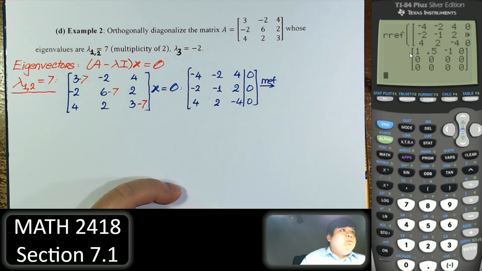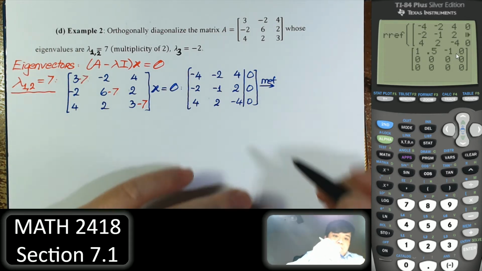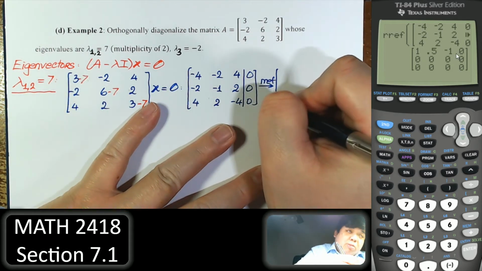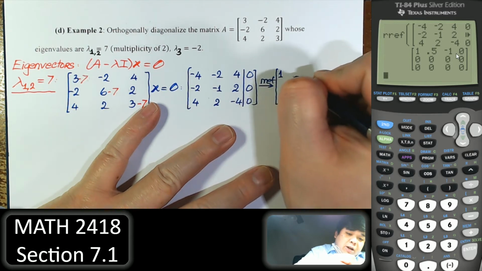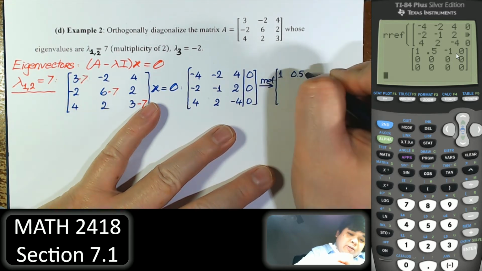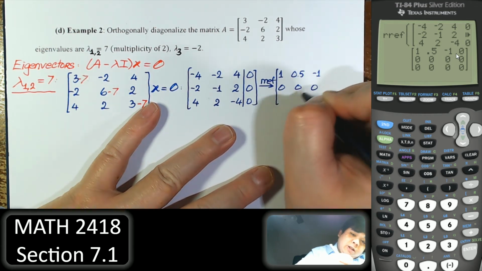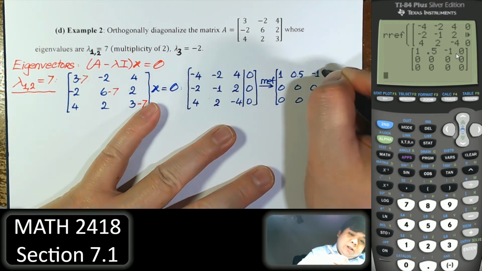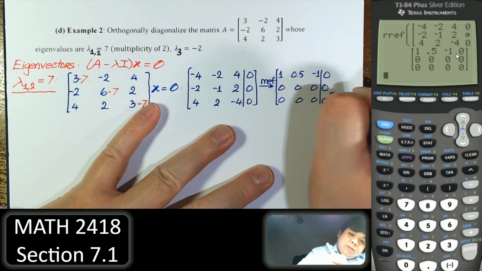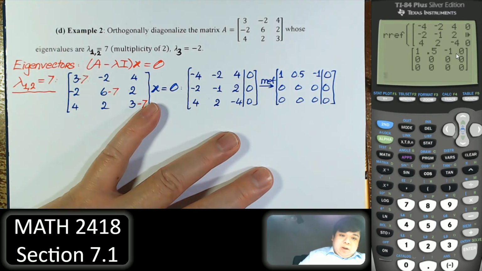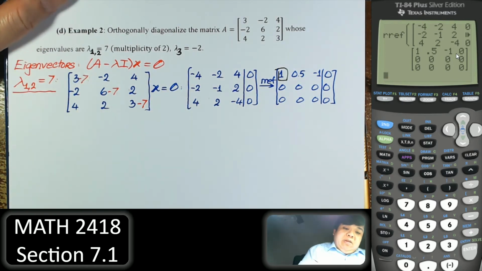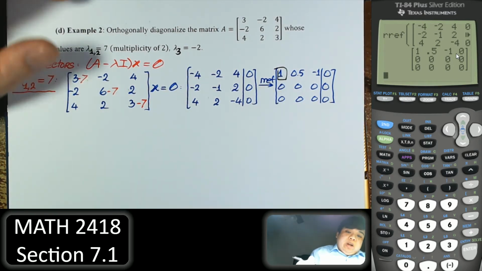Right. Yeah, that's what we expect. 1, 0.5, negative 1. The rest are 0. With this, we only have x1 as the pivot. The other x2 and x3 are free.